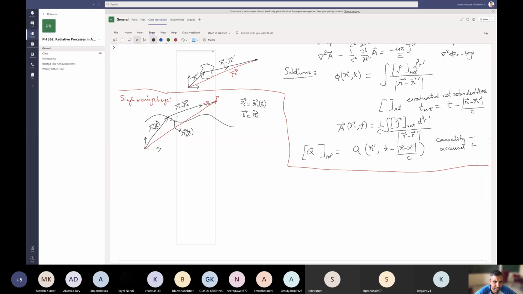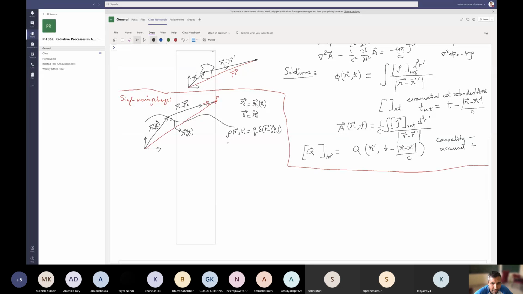What about the density field due to this? Rho is nothing but a delta function, right? If the charge is Q, this is the charge density: rho equals Q delta of r minus r naught of t. This delta function has a dimension of 1 by volume, because delta function times dV gives 1.